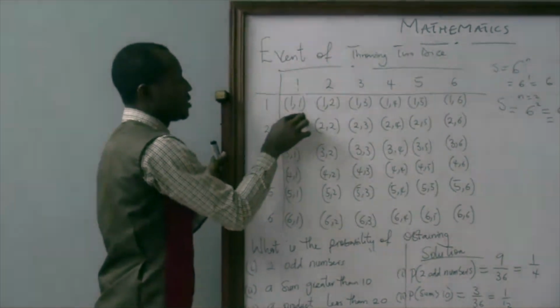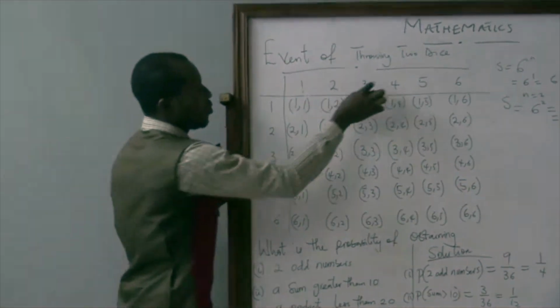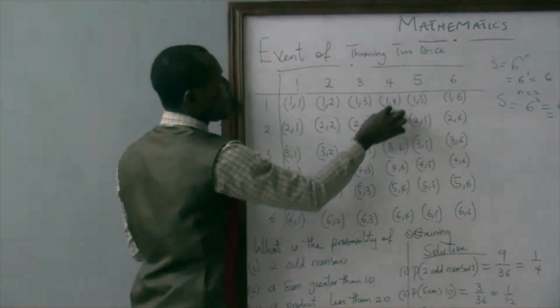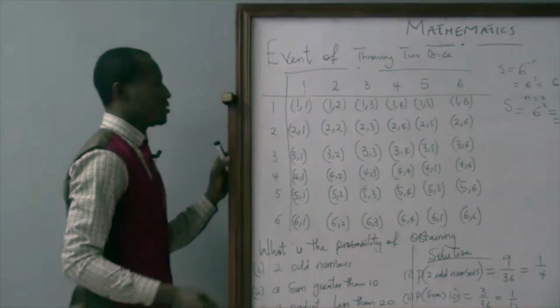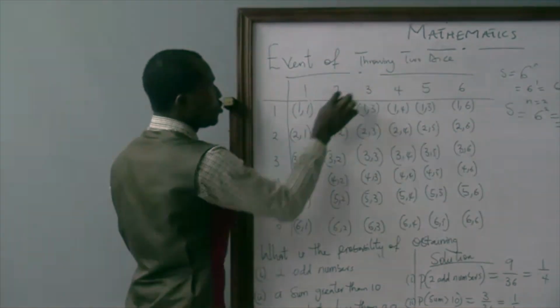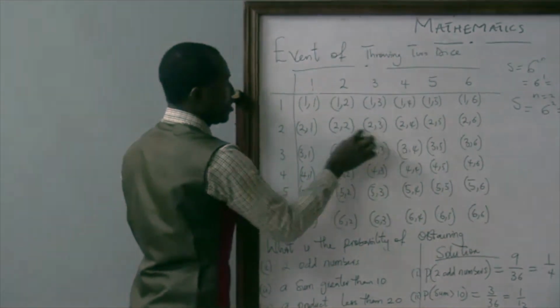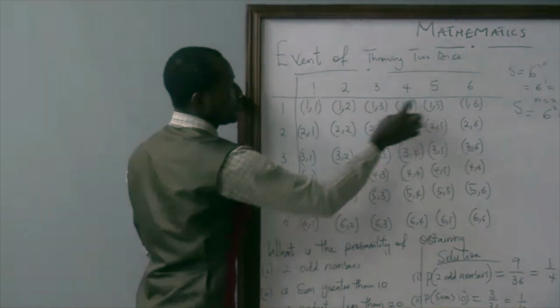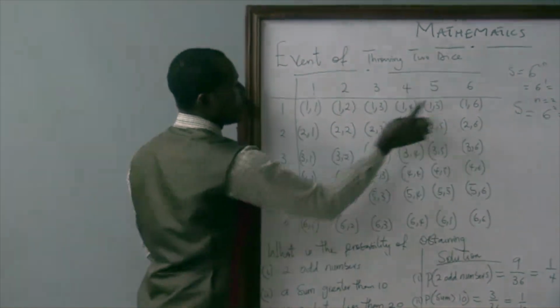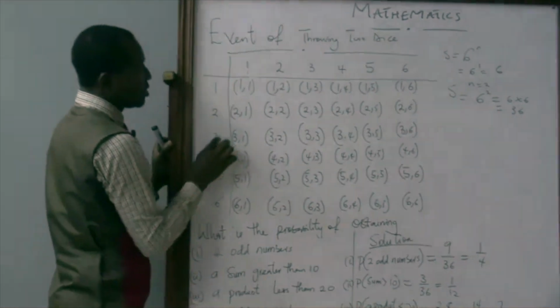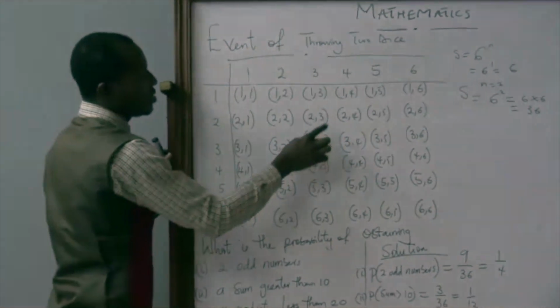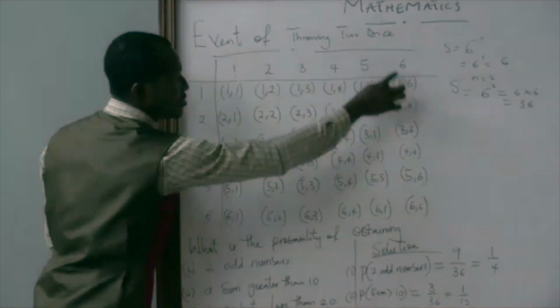1,1, 1,2, 1,3, 1,4, 1,5, 1,6. 2,1, 2,2, 2,3, 2,4, 2,5, 2,6. Just like that. 3,1, 3,2, 3,3, 3,4, 3,5, 3,6.